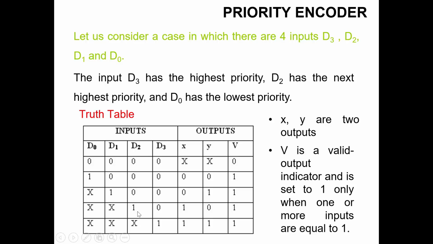Only the selection will be that of D2. Similarly here, if D3 and D2 are 0 and D1 is 1, then D0 can have any value. D0 will be selected only if D1, D2 and D3 all have the value 0.